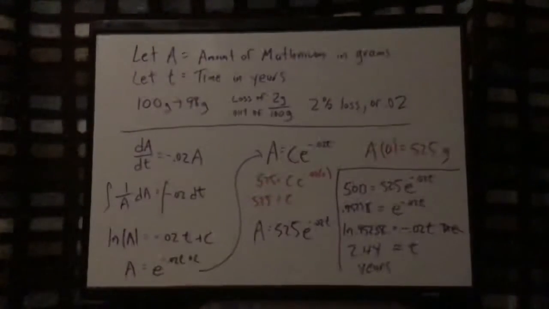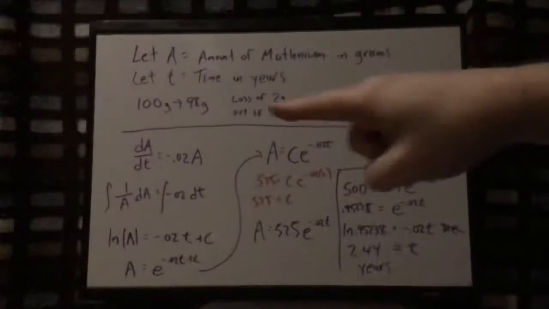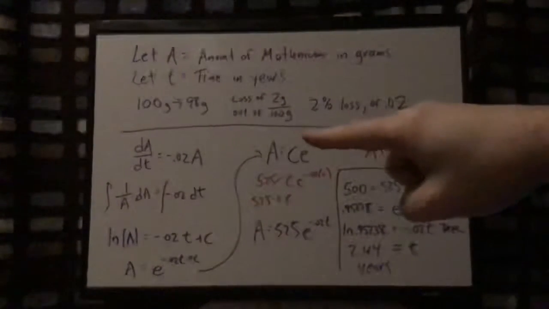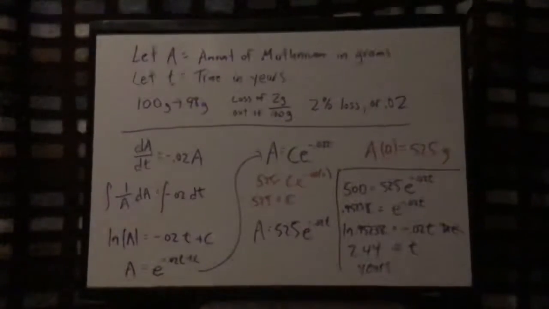I need to know what level of loss that is. It's a loss of 2 grams. So it's 2 grams out of the original whole, which was 100 grams. If you lose 2 out of 100, you've literally lost 0.02 or 2%. So it's losing 2% per year.